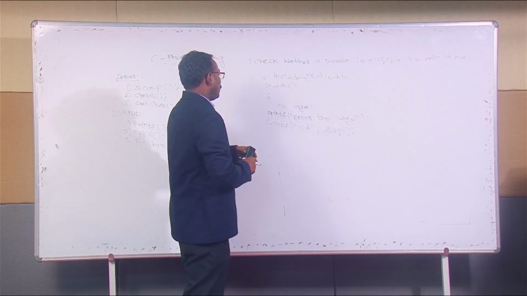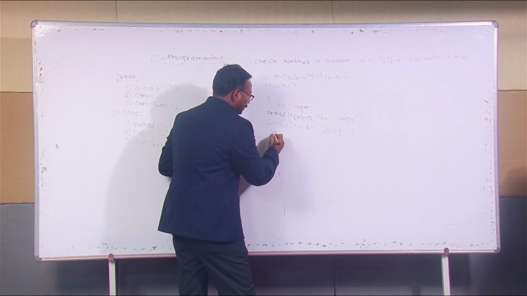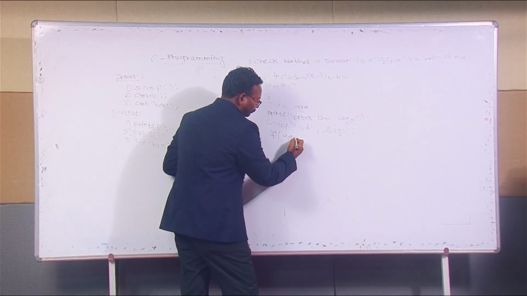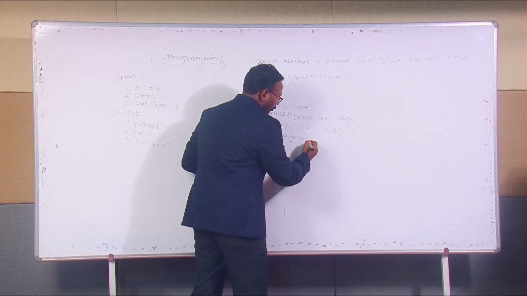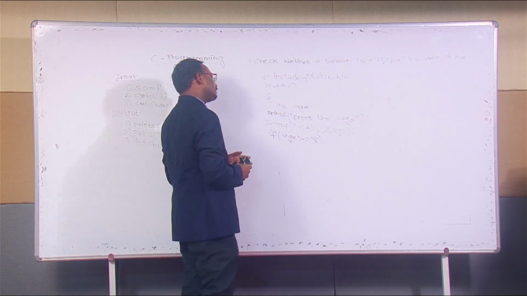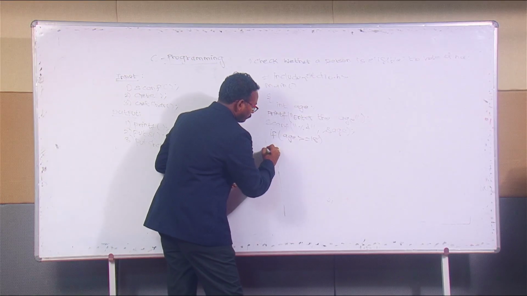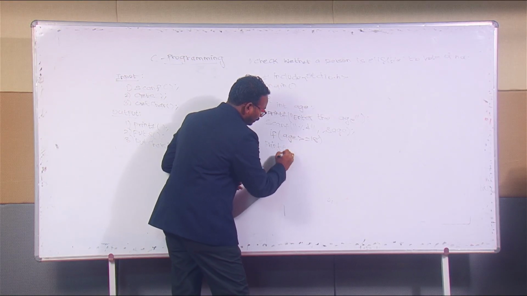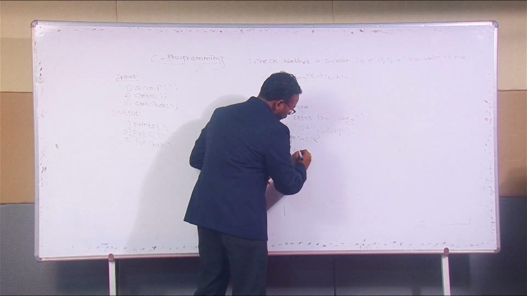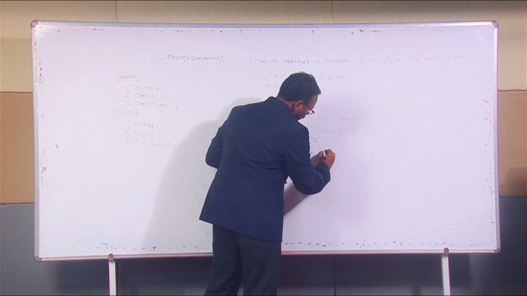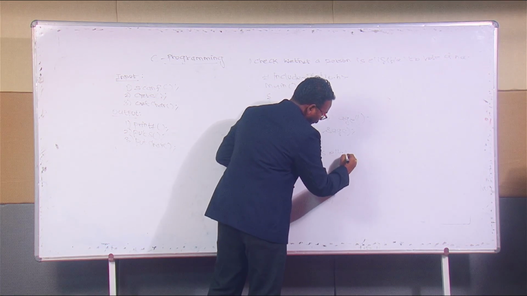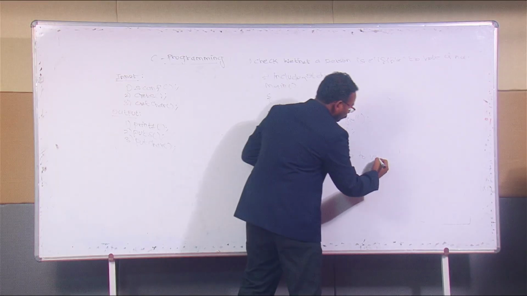Okay. Next, we have to check the condition: if age is greater than or equal to 18. So if age is greater than or equal to 18, what will happen? Printf, person is eligible to vote.